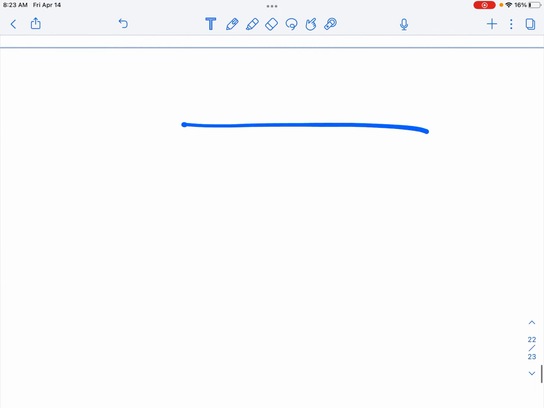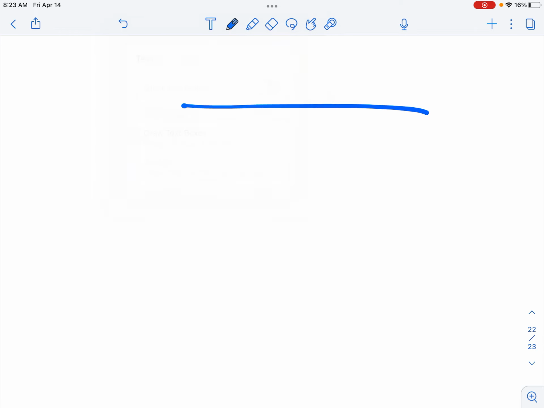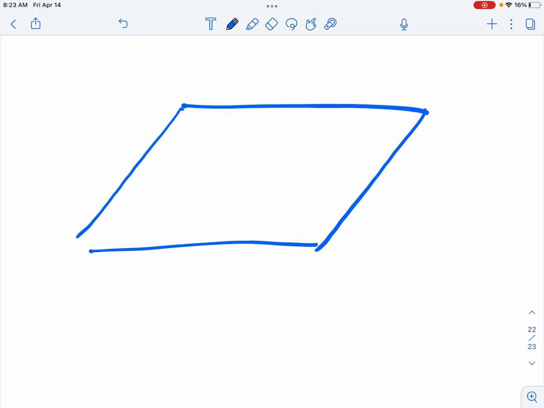If I draw a parallelogram like this, then this angle and this angle are the same, and this angle and that angle are the same. And I bet you can guess what the relationship between those angles is. A and B, these 2 angles are going to add up to 180. So it's just like the work we did with parallel lines. The angles in a parallelogram are either equal to each other or they add up to 180.